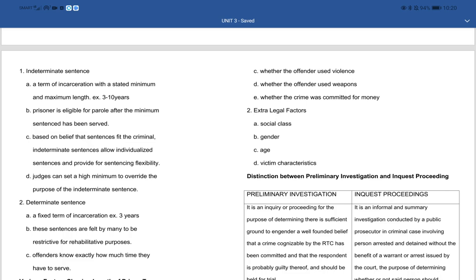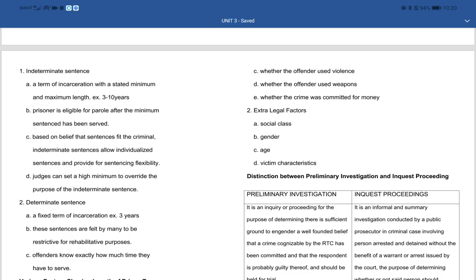Tampulano was sentenced to 5 years. That is fixed. While an indeterminate sentence is not fixed. It has a maximum.